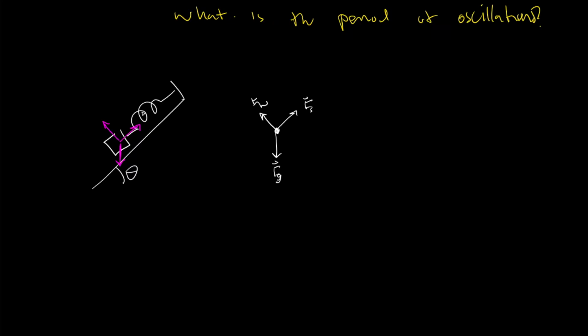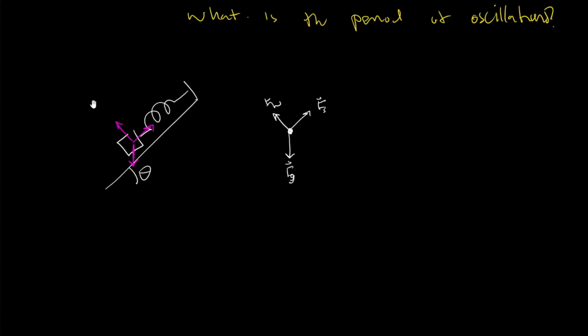Now, the spring can only move along the ramp. So we're going to establish some axes. We'll say up the ramp is the positive direction, down the ramp is the negative direction. Now this force of gravity has a component down the ramp. We'll call that Fg parallel, and a component into the ramp.